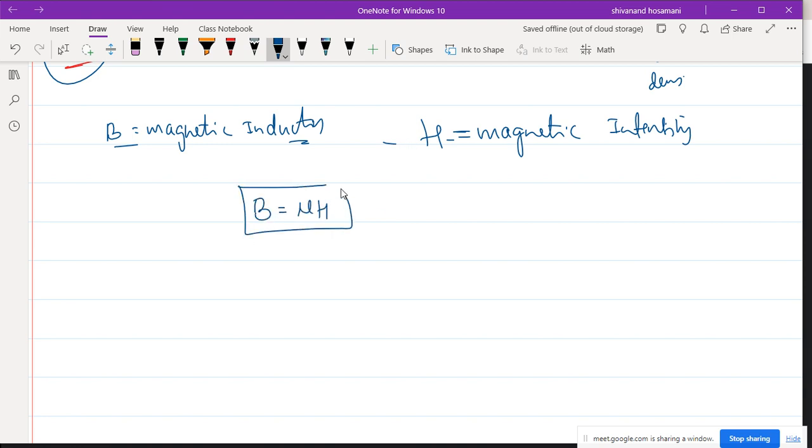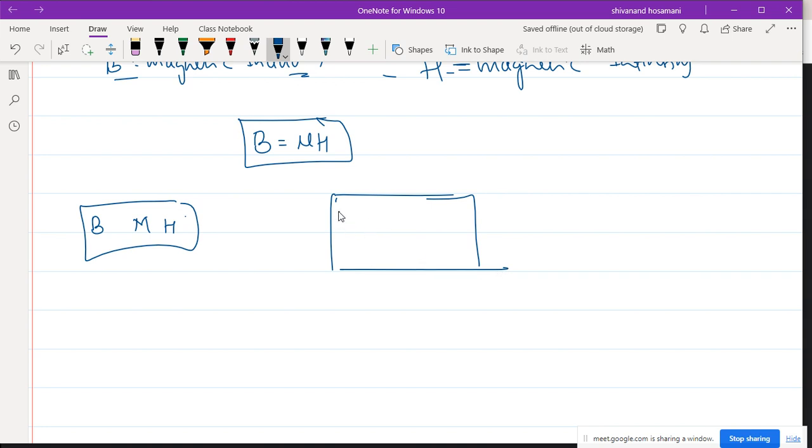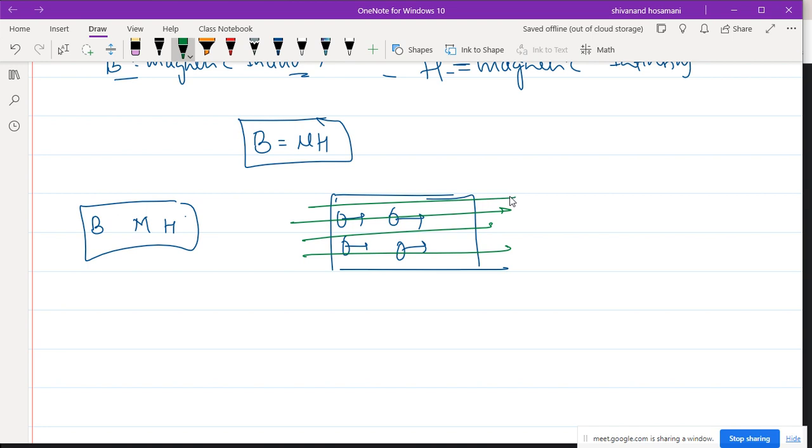Remember, it is an important relation. Similarly, in the same way as you magnetize the material, the dipoles are going to orient along the applied magnetic field. When you apply a magnetic field, there is an induced magnetic field B inside.